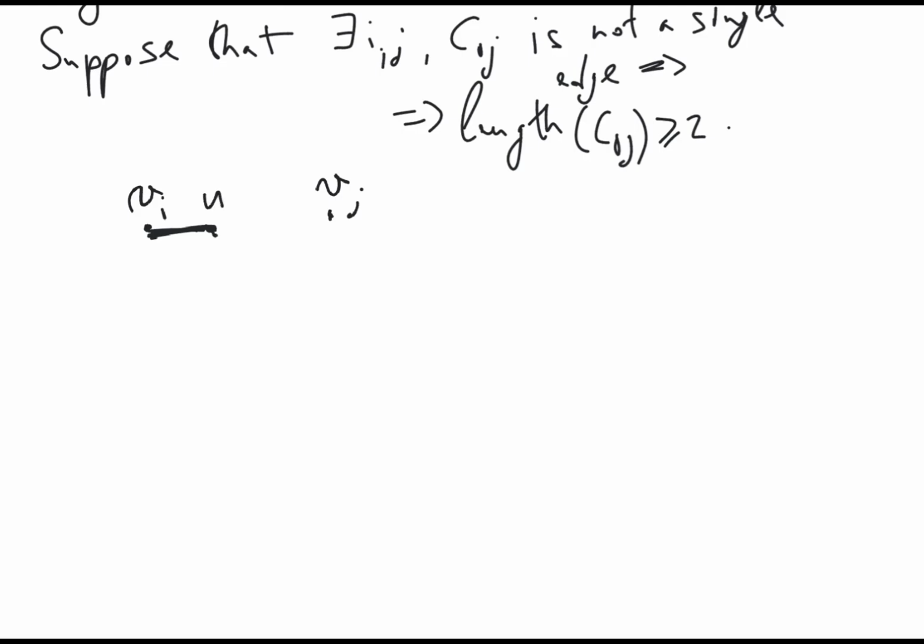There is at least another vertex, and then there is a path that eventually comes to vj. So u is an internal vertex on this path. The vertex vi of course has color i, vertex vj has color j, and this vertex u also has color j, because the vertices on the path have alternating colors.